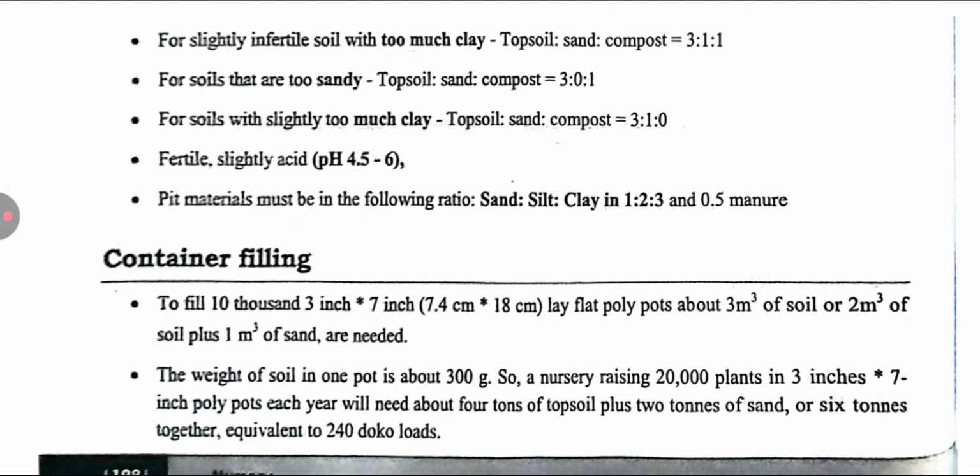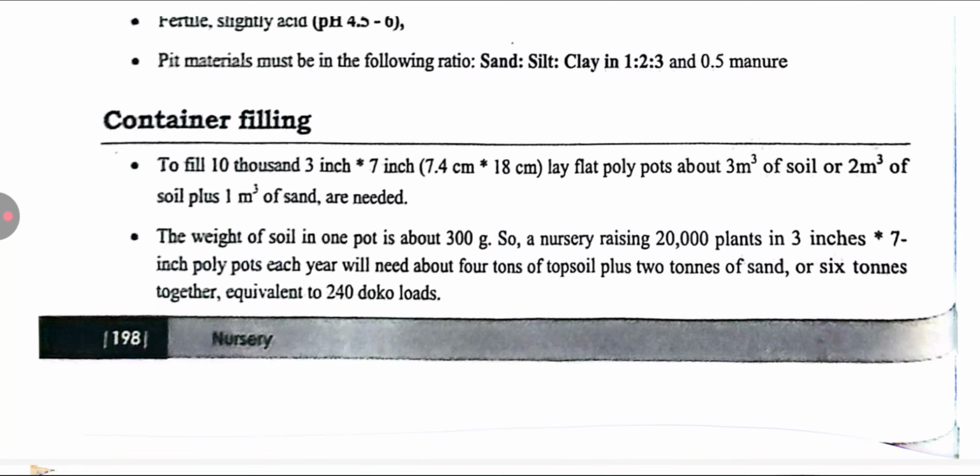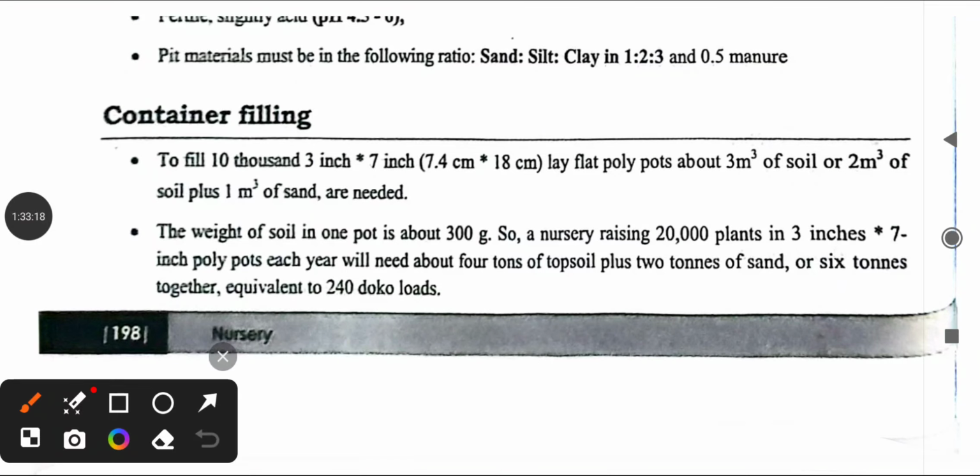Container filling. To fill 10,000 3 inch into 7 inch (7.4 centimeter into 18 centimeter) lay flat poly pots, about 3 meter cube of soil, or 2 meter cube of soil plus 1 meter cube of sand, are needed.